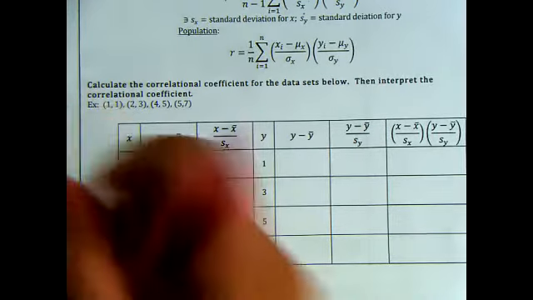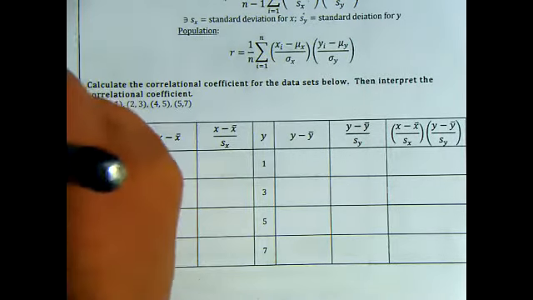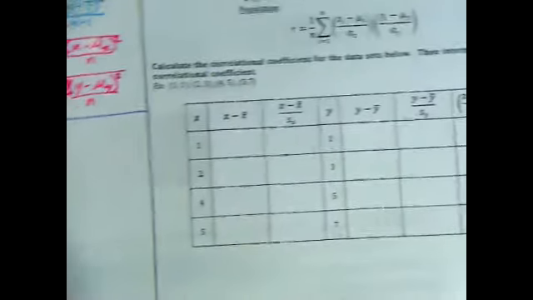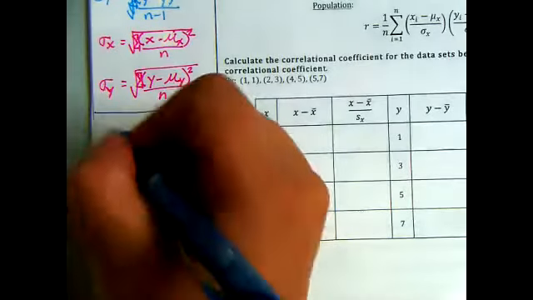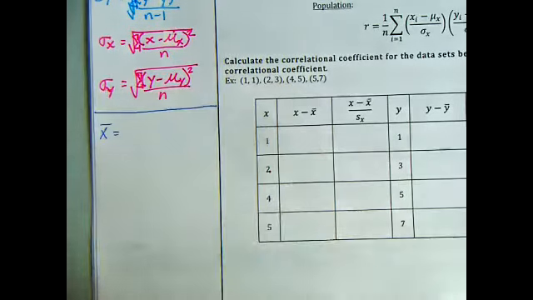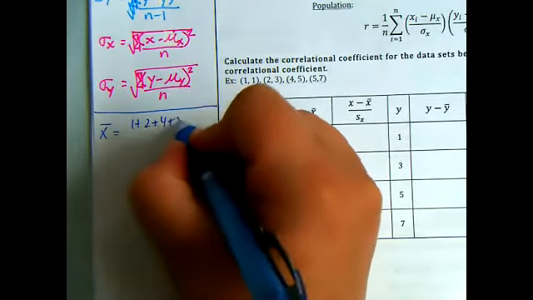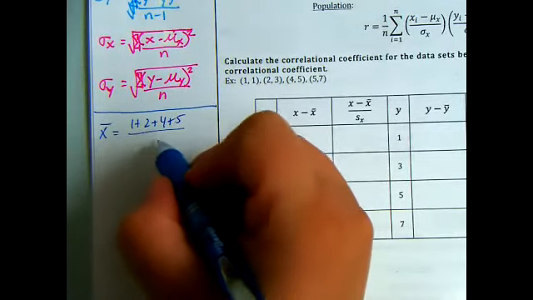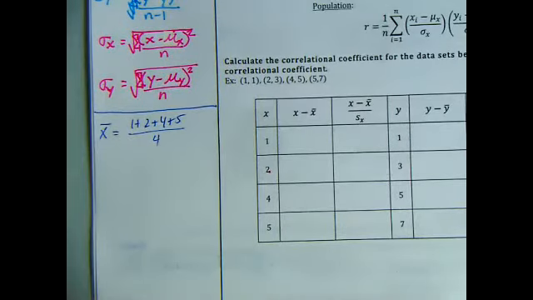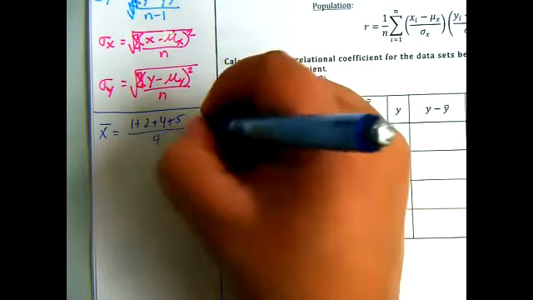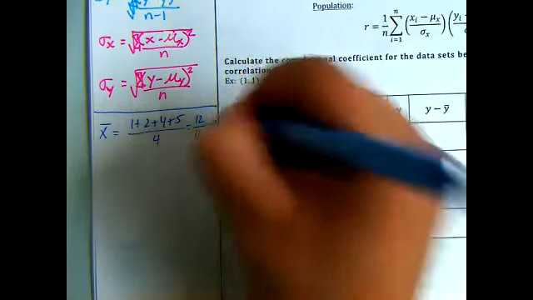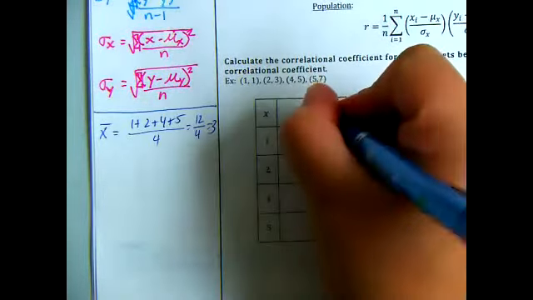Okay, so I'm going to do this just so that we have space to work. So we're calculating our x bar. It's going to be 1 plus 2 plus 4 plus 5, and divide that by the number of data values there, which is 4. That gives us 12 divided by 4, which is 3. That means our x bar is 3.